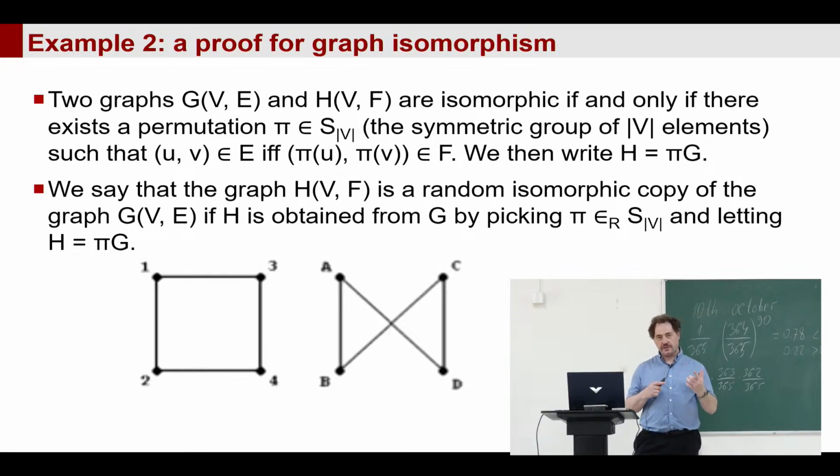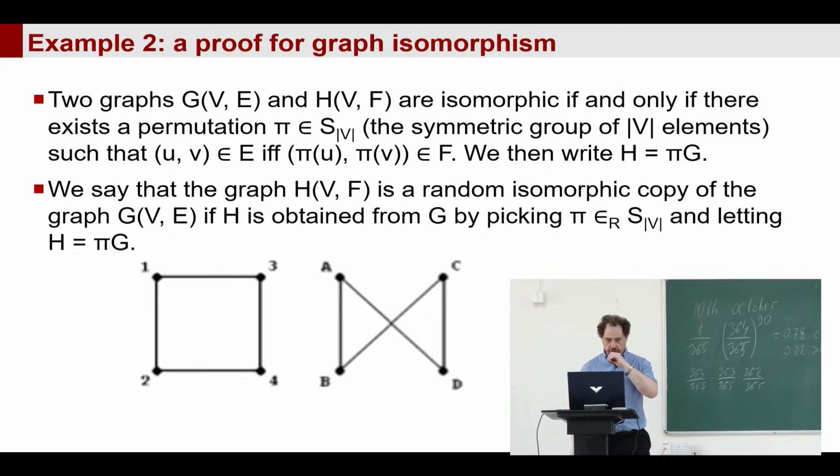Essentially, it's a mapping to itself, or a permutation, such that an edge in the first graph corresponds to an edge in the second graph after the permutation.